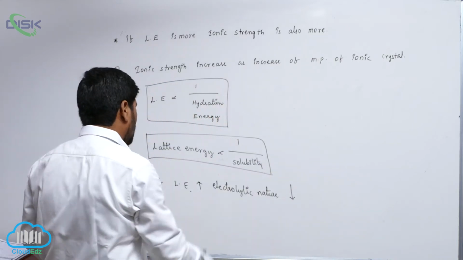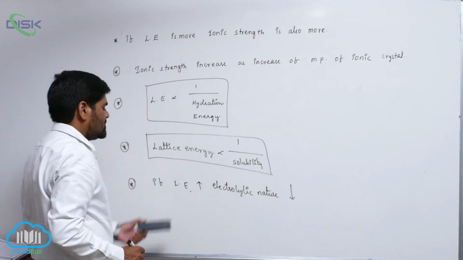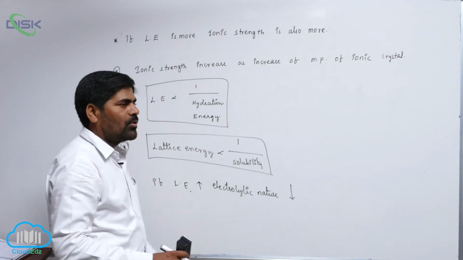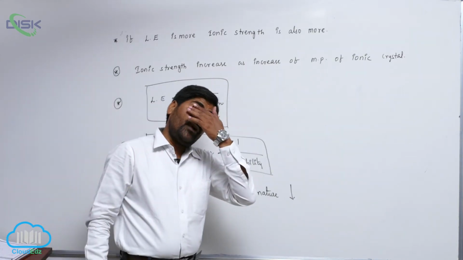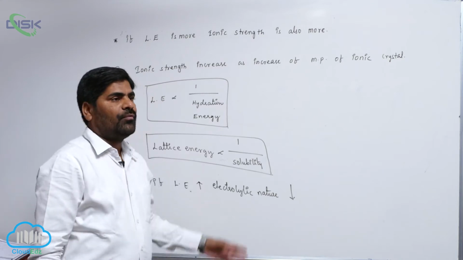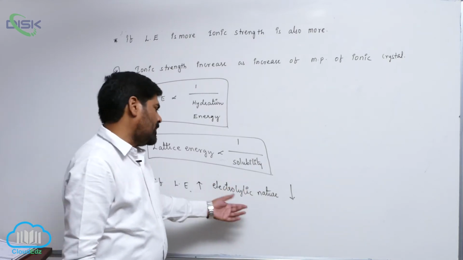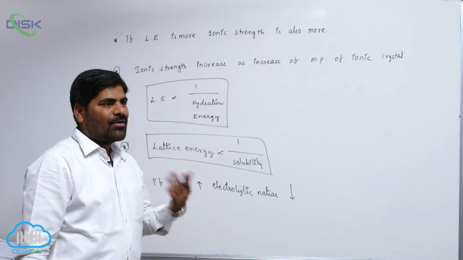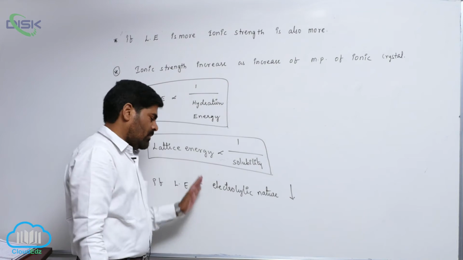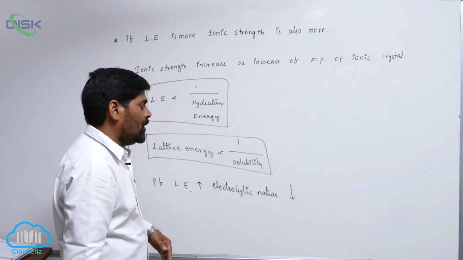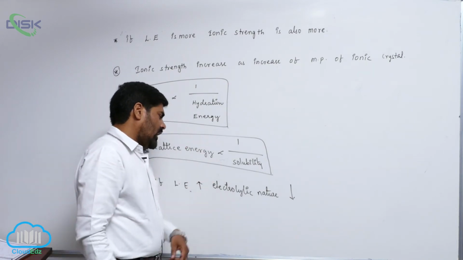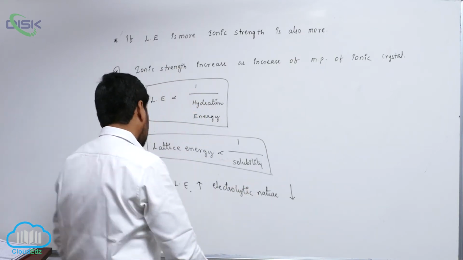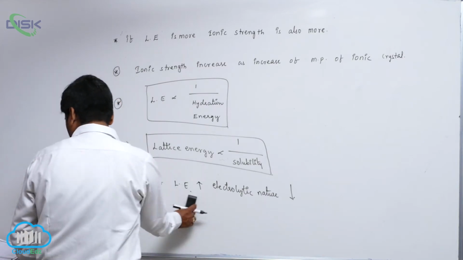Why? Because when lattice energy increases, solubility decreases. When solubility decreases, very few ions are formed in the aqueous state. Electrolytic nature depends on the number of ions in aqueous solution. So the number of ions decreases if lattice energy increases. That is the reason why electrolytic nature decreases.